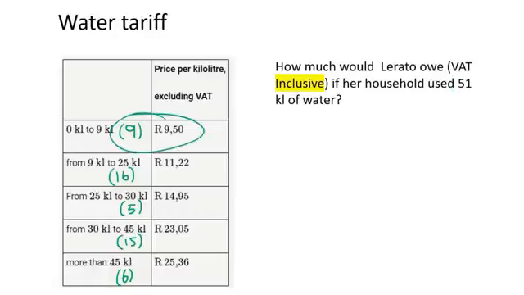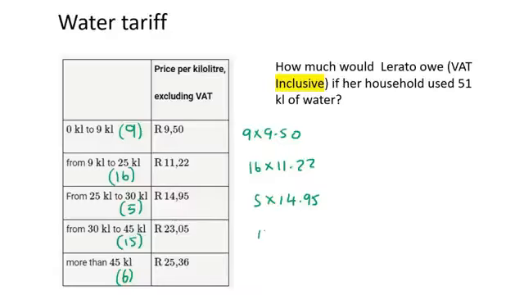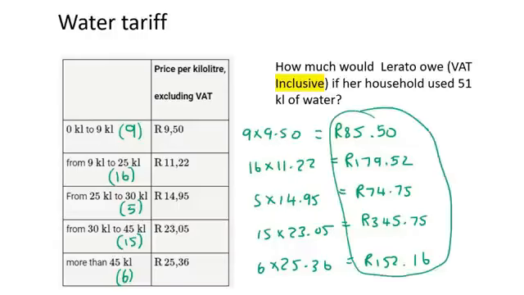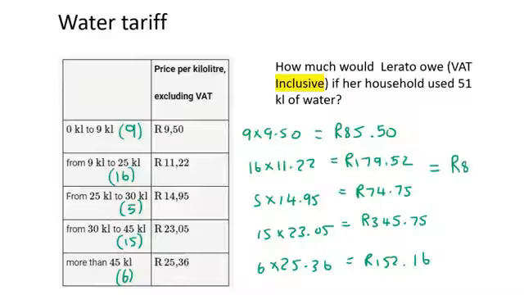Now we're going to do the same thing. 9 multiplied by 9.50, 16 multiplied by 11.22, 5 multiplied by 14.95, 15 multiplied by 23.05, and then 6 multiplied by 25.36. Then I'll quickly get the totals. So there we have all the totals for each category, and if we add all of these numbers together, we get 837.68.